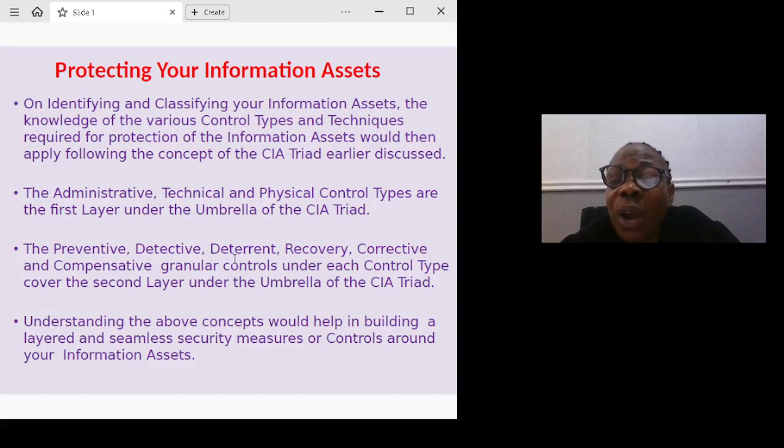And then you have your detective physical control, like your dog, when the dog is actually a deterrent, discouraging people. Deterrent physical control, if you are looking at the dog. If you are looking at your fence, it is preventive physical control. And encryption is preventive technical control.